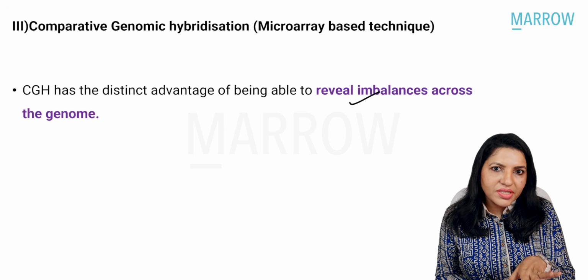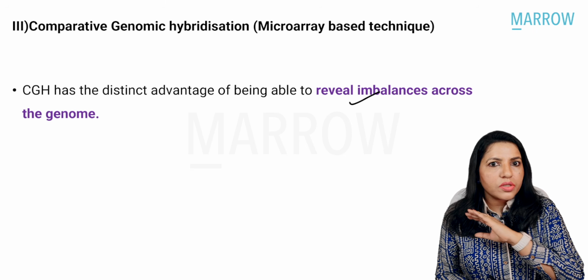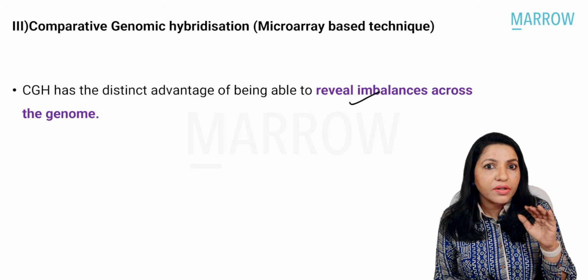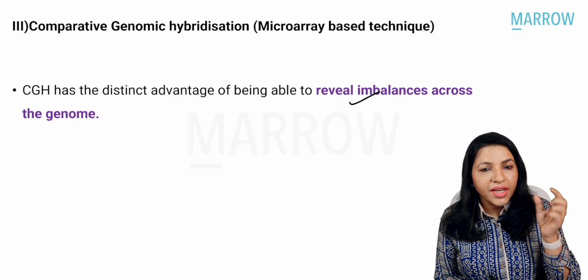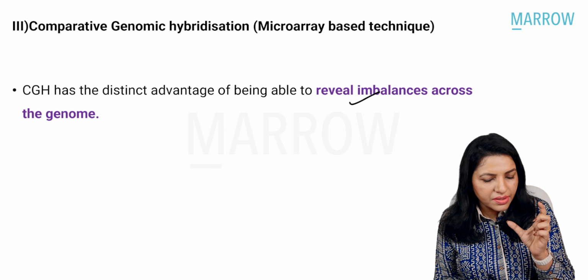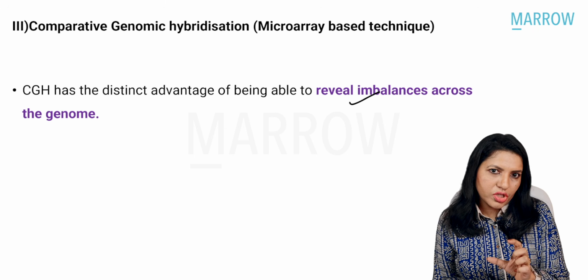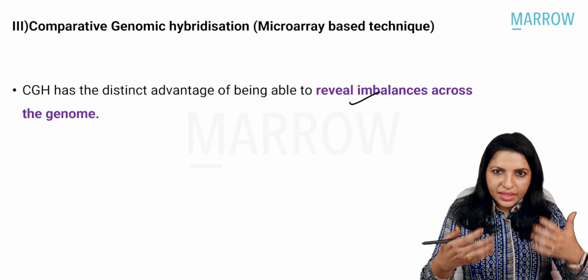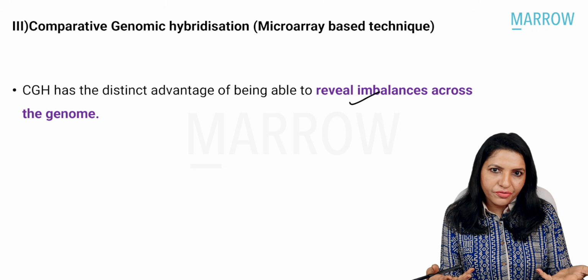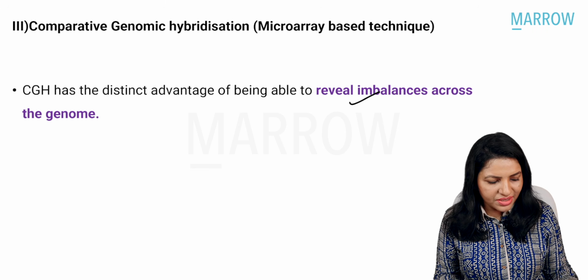No, here we are studying the entire genome. So in the entire genome we can find out any aneuploidy if we are using comparative genomic hybridization. Okay, so that evolved to be a better technique than FISH.